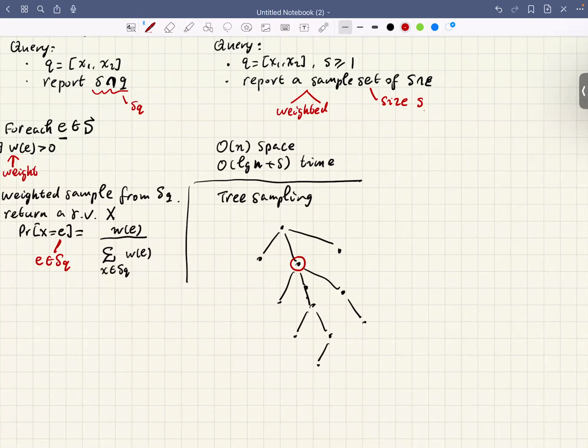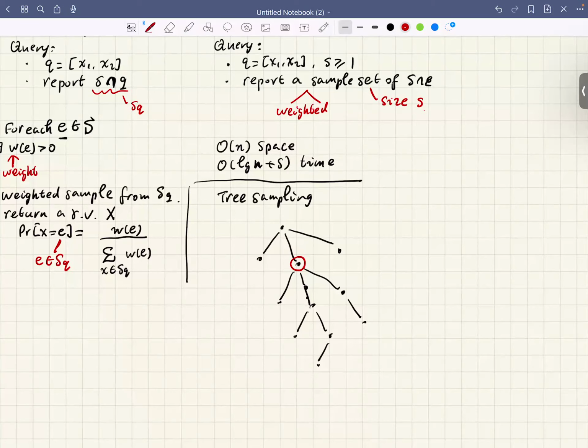You are able to use an IQS version of the range reporting structure to solve this tree sampling problem. There is a reduction based on DFS. Today I'm not going to talk about that again, but if you are interested in knowing how it can be done, I'm afraid you will have to read the lecture notes. There was no video because once again, I forgot to record the seminar last time.